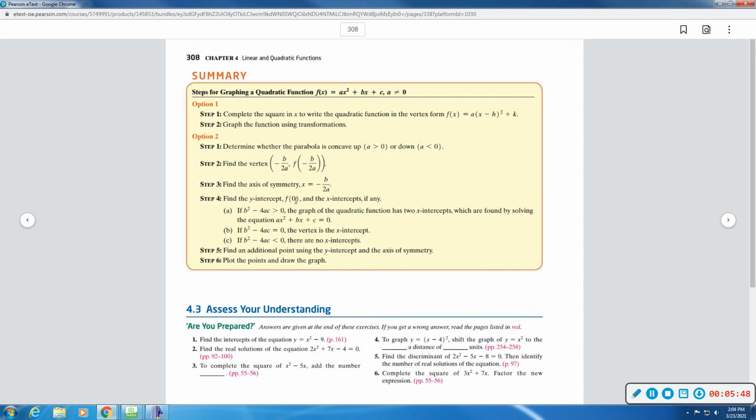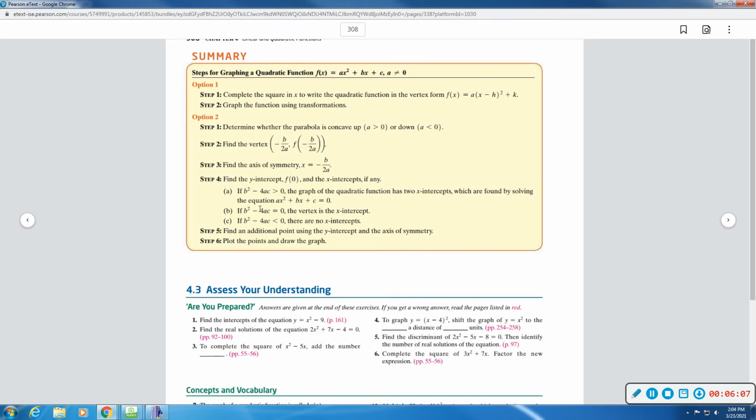It says to find the y-intercept, you plug in 0 for x, and then for x-intercepts, we're looking at that discriminant part we just talked about, the part under the square root. If it is greater than 0, or positive, then you will have 2 x-intercepts.